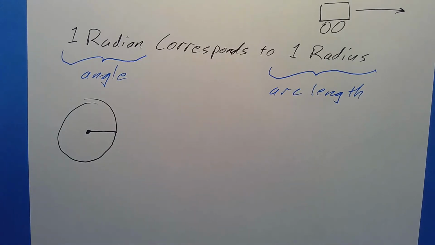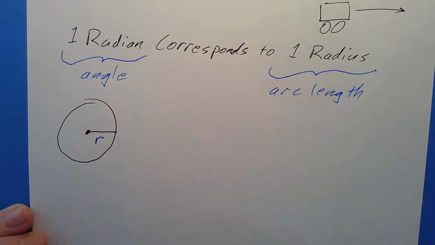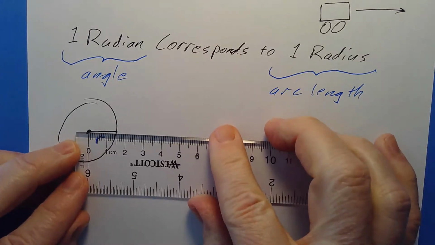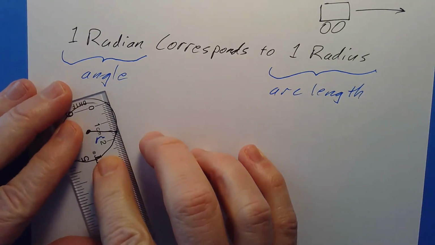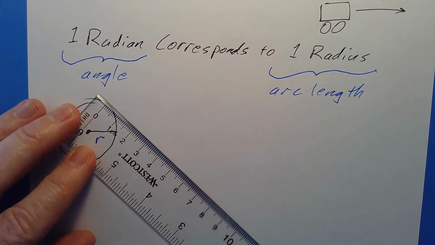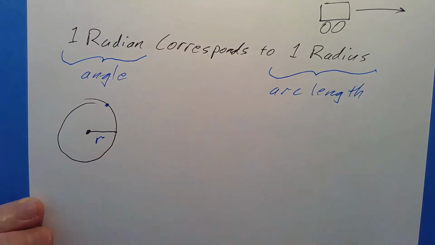Now, that radius, R. If we were to go r distance along here, that is going to correspond to 1 radian, right? So if I was to get myself a ruler and measure this distance, it looks like I drew that about 15 millimeters. So if I was to measure 15 millimeters along here, roughly there, on this circle I just drew, that corresponds to this same distance.